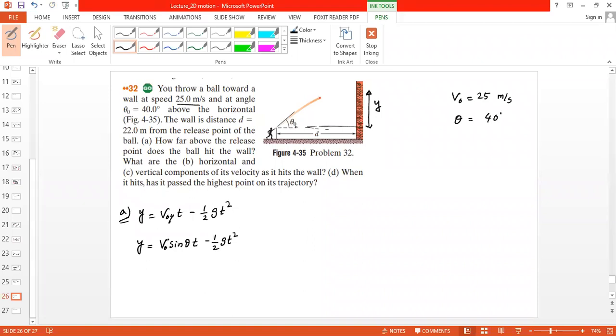So good. So I know v naught, I know theta, g is known to us, g equal to 9.8 meter per second square. But the main problem is what? I don't know t. t জানি না, t কিভাবে ফিগার আউট করব? একজন বলতে পারবে how to find out the value of t? t এর ভ্যালু কিভাবে ফিগার আউট করব? বলতে পারবে?